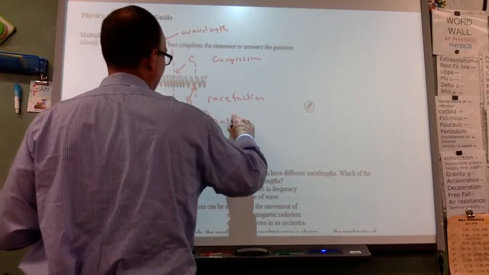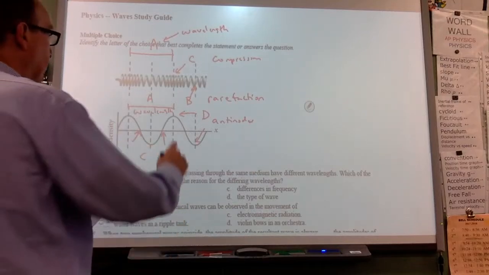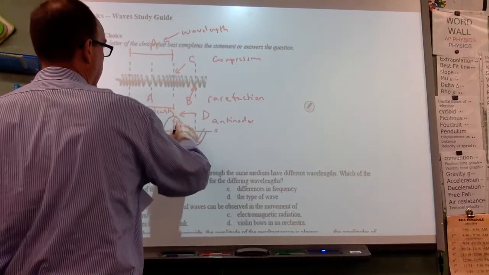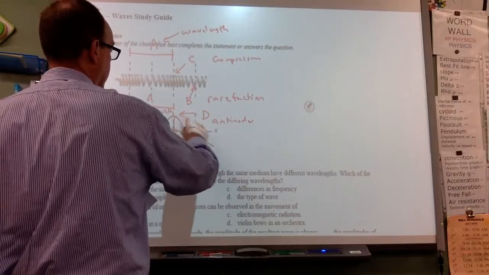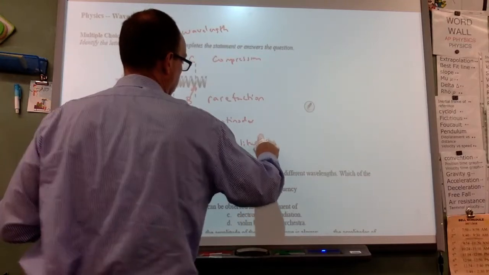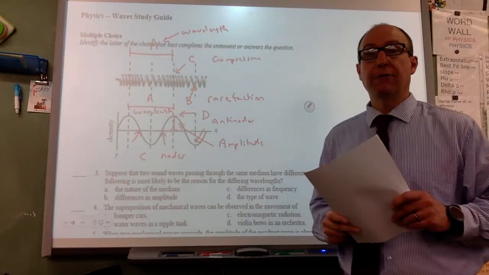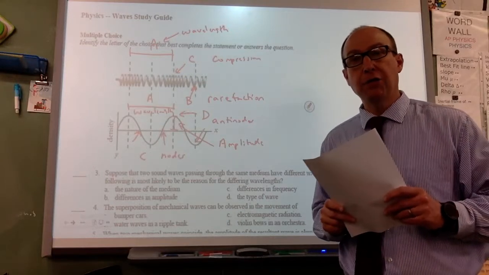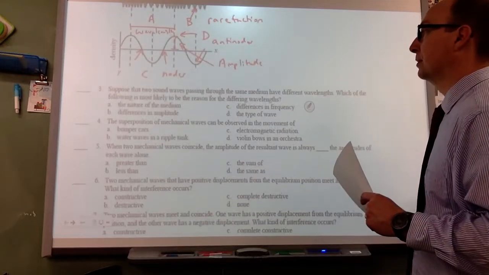Those would be antinodes. And B in this one is pointing to how high this is, and this would be a measure of the amplitude. So that's going to be the amplitude of our wave. That's going to be related to our energy and how much we initially displace it.